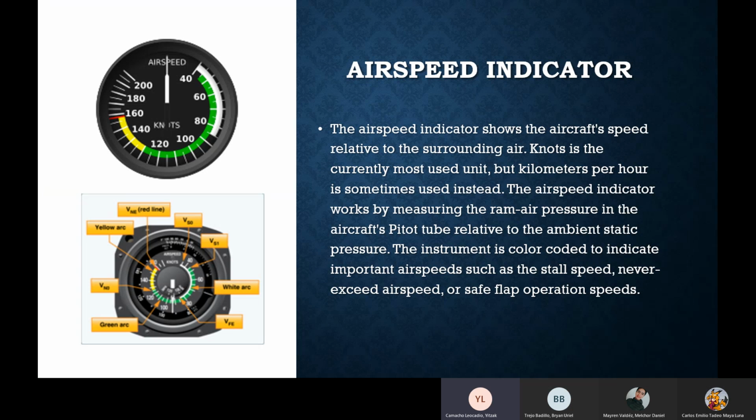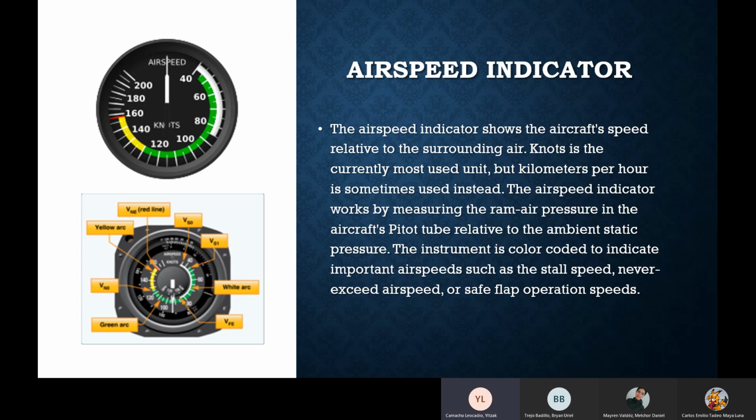Airspeed indicator. The airspeed indicator shows the aircraft speed relative to the surrounding air. Knots is currently the most used unit, but kilometers per hour is sometimes used instead.